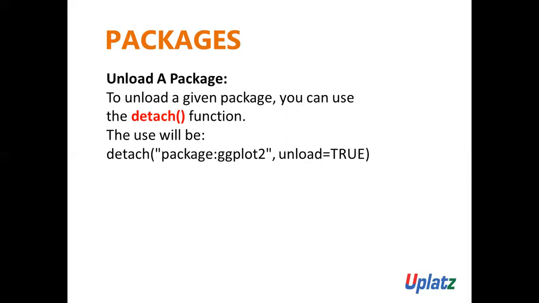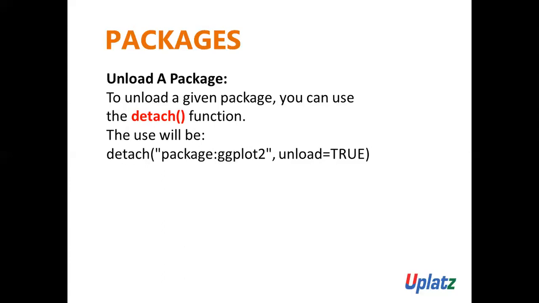Now let's see how to unload a package. We have seen how to install the package ggplot2 with the help of the function install.packages, inside the opening and closing brackets, double quotation, ggplot2. And in order to use this package, we need to load it with the help of library, and inside that we specify the name of the package that we want to use. Now the next thing is to unload the package.